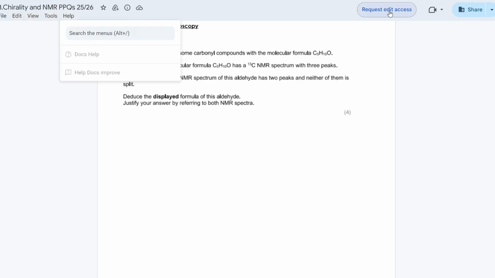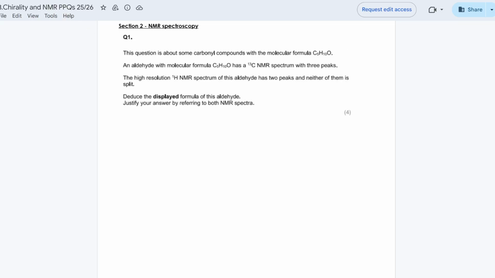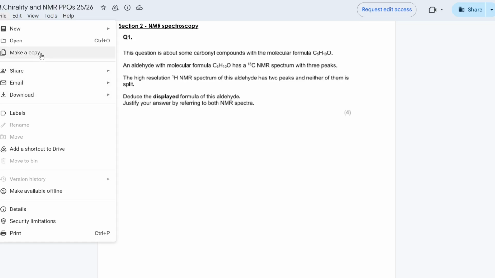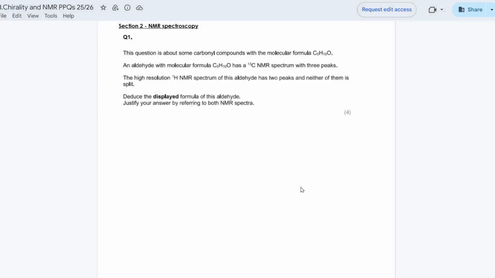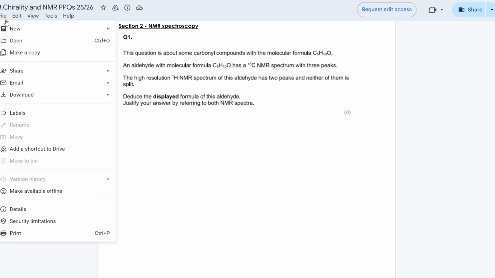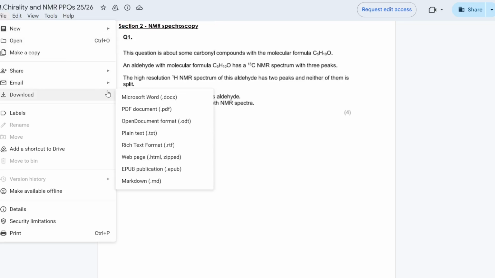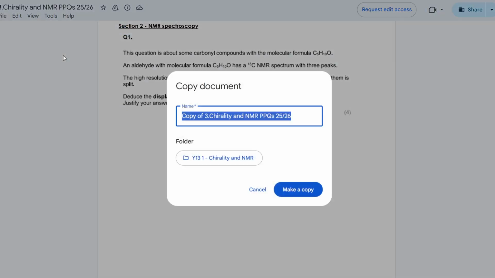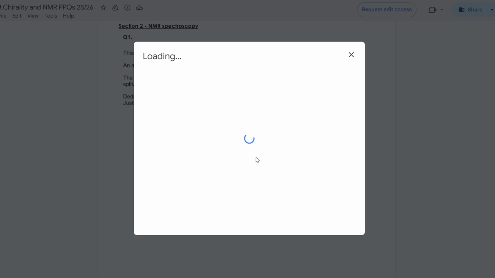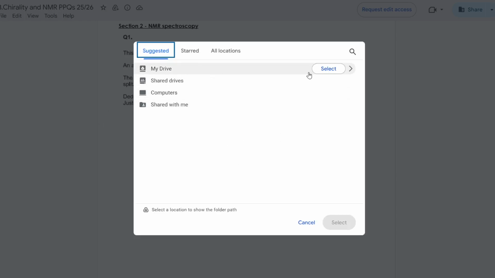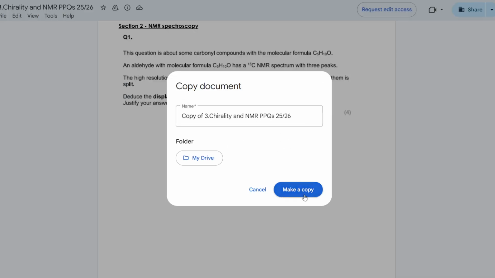I wonder if I can duplicate this somehow. File, make a copy. Maybe this will allow me to draw. Ugh. Okay. Oh, and I can change the folder here, so just select my drive and make a copy.